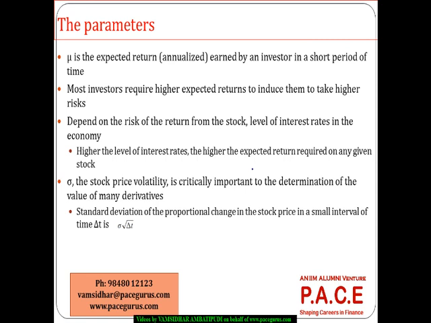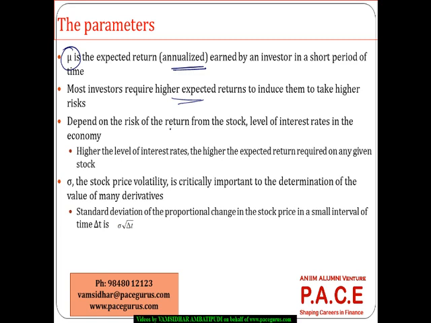Now from here, we have to move to understanding the parameters. We know that mu is the expected return, which is established in annualized terms. And we also know that the higher the risk that is being taken, the higher should be the expected return. So mu is more majorly dependent on the amount of risk that the investor is taking.